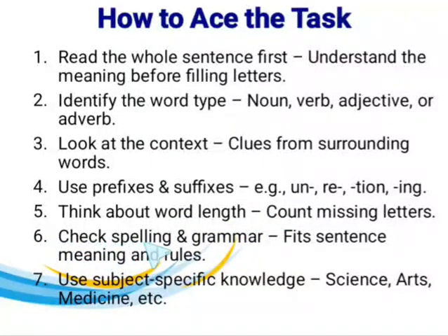Number 6, you have to check spelling and grammar. Then you have to use subject specific knowledge, which is the most important step. In this sense, you have to act accordingly. If this is all about science, you have to understand some scientific terminology. If it is about medicine, you have to understand some medical terminology.